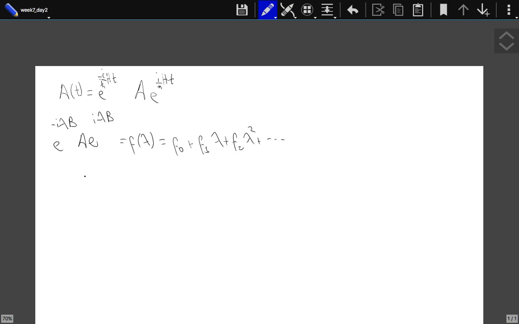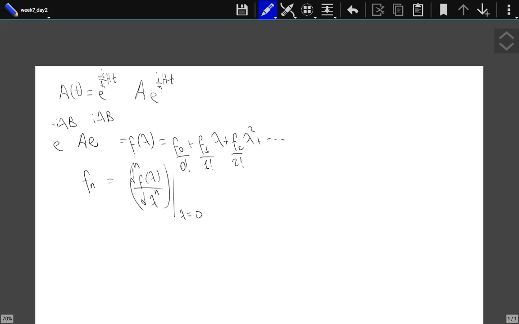Well, the general theory on Taylor expansion tells me that fn, well, let me also put the 2 factorial over here, 1 factorial, 0 factorial, etc. And these fn's are nothing but the nth derivative of f of lambda with respect to lambda, evaluated at lambda equal to 0.